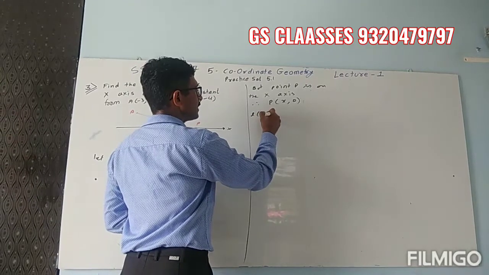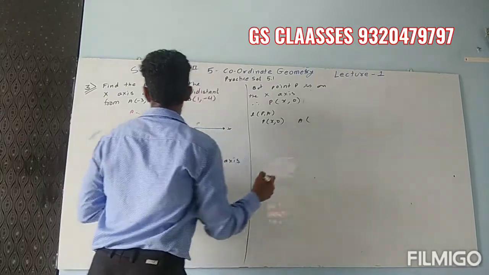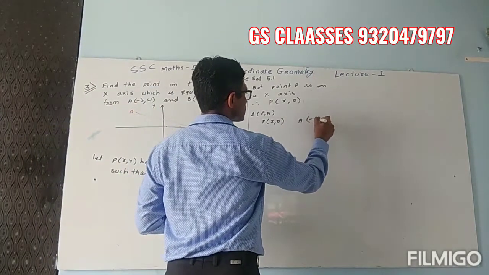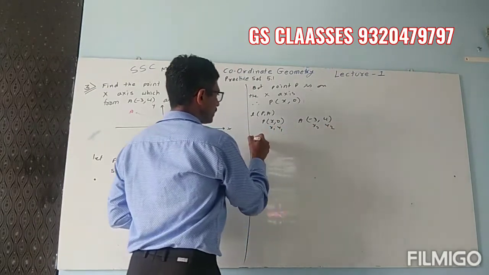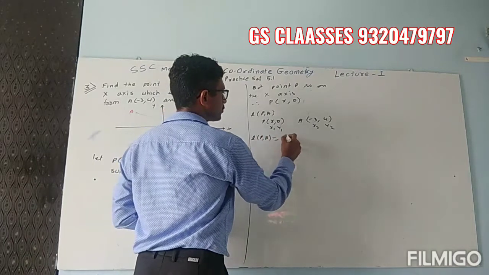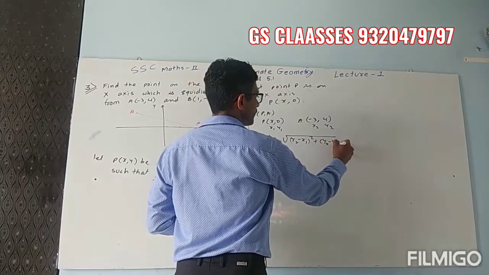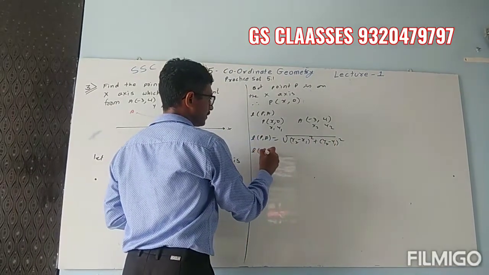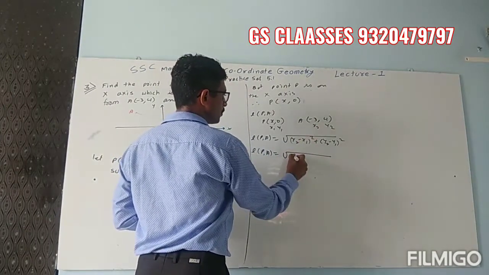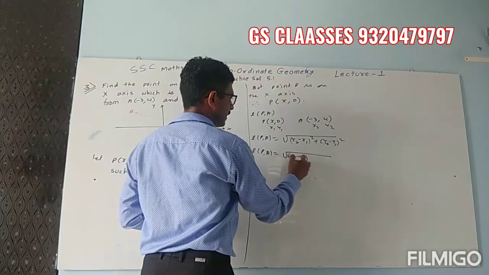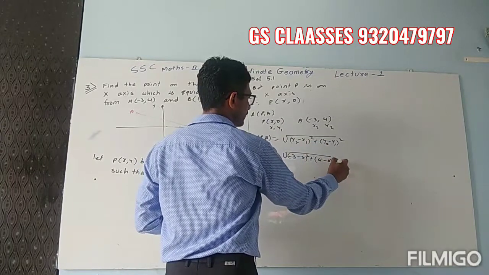We have to calculate length PA. P value is x and 0. A value is given to us, minus 3 and 4. This is x1, y1, this is x2, y2. Length PA is going to be the square root of x2 minus x1 the whole square plus y2 minus y1 the whole square.